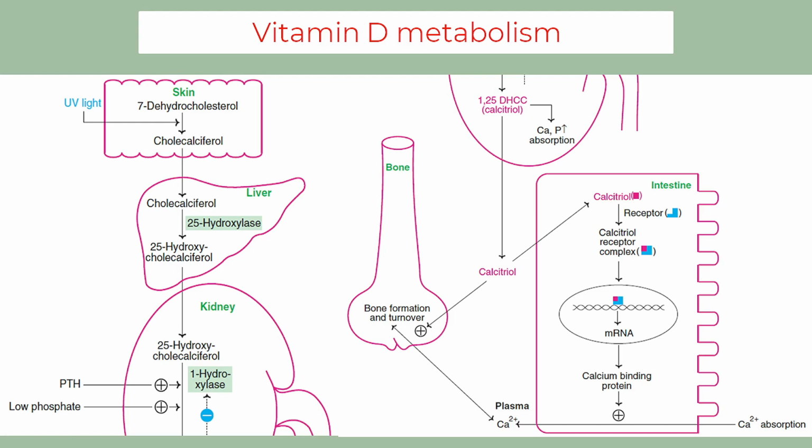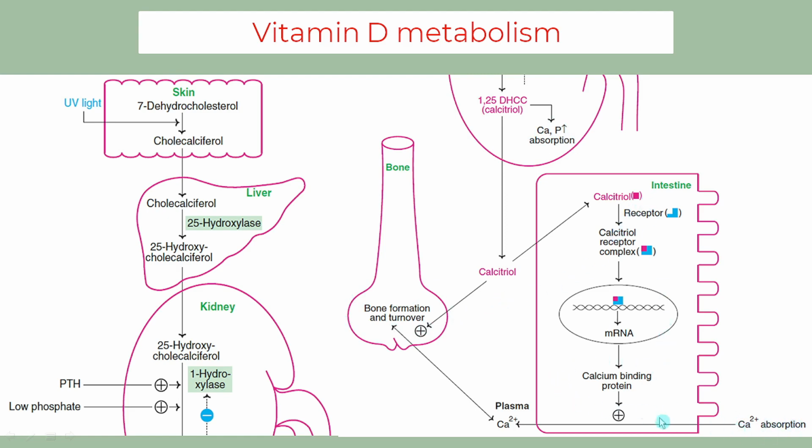And this active form of vitamin D is responsible for all the metabolic functions of vitamin D, like increasing calcium and phosphate absorption in the kidney, going to the bone and increasing the bone turnover and formation ratio, going to the intestine and increasing the absorption of calcium.